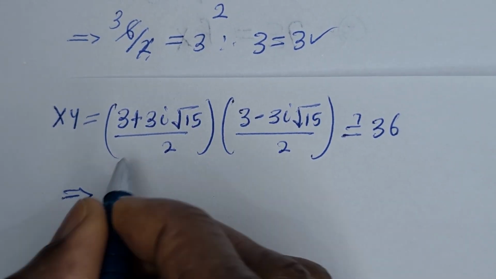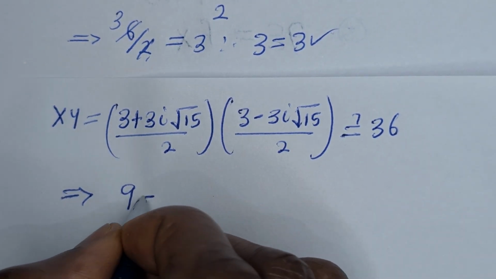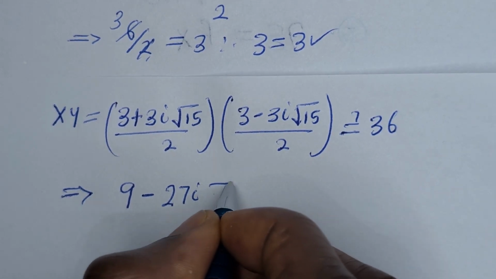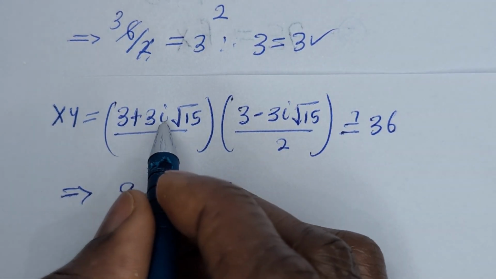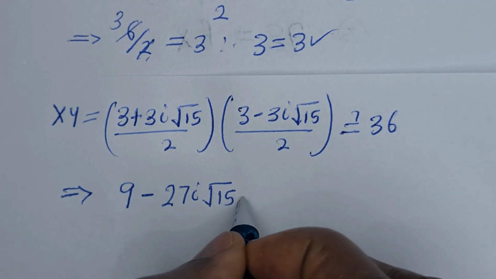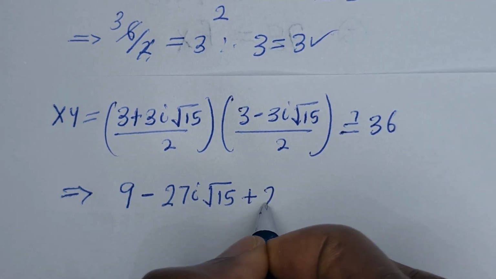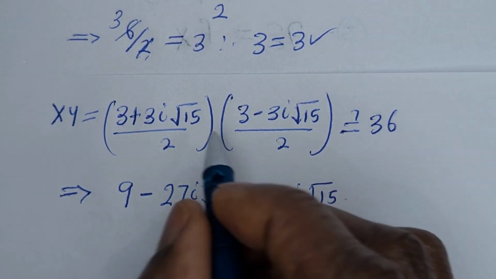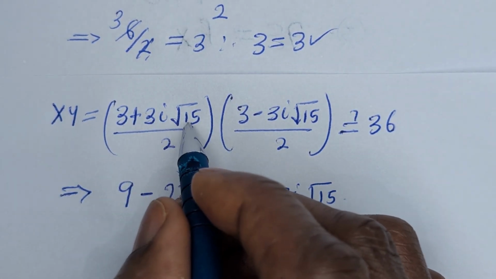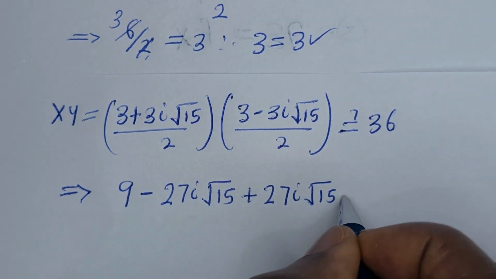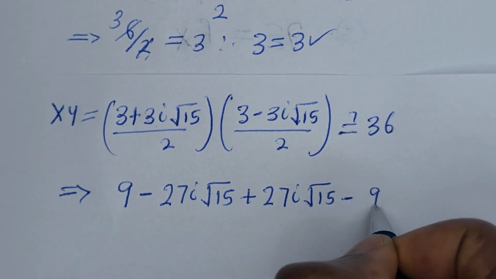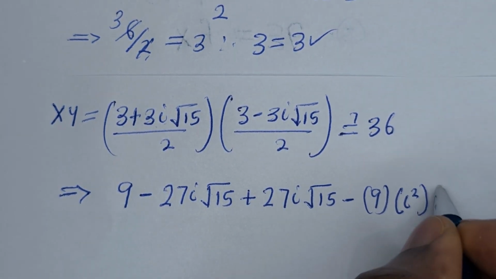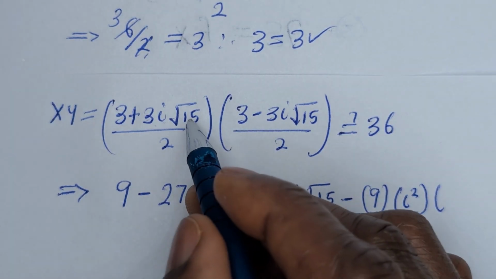Here, 3 times 3, 9, minus 3 times 3i root 15, that is 27i root 15? Here it is 3i root 15 multiplied by 3, that is 9i root 15. Plus 9i root 15. Then 3i root 15 multiplied by minus 3i root 15. This is minus 3 times 3, we have 9 multiplied by i times i, i square, multiplied by root 15 times root 15.